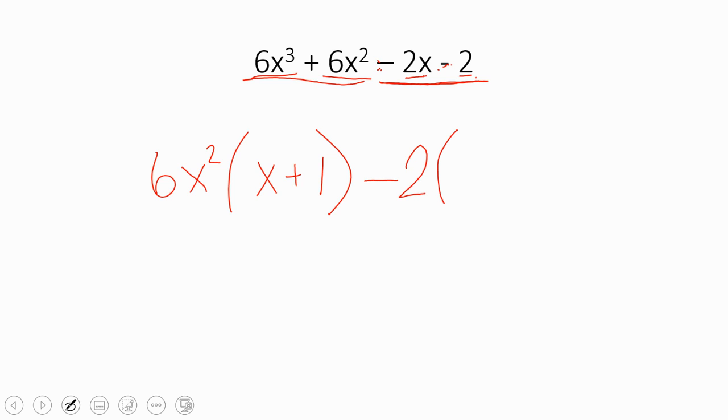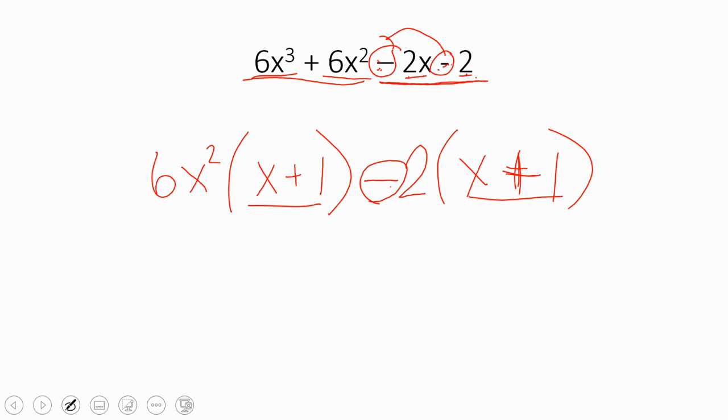Since I am factoring the negatives out, they now become positive in here. So I divide that by 2, I just get x. This becomes a plus because I took the negative out of both terms. I divide that by 2, I get 1. Now, if you didn't take the negative out here, then these would both be negative inside, the x and the 1, so you wouldn't have the same thing.